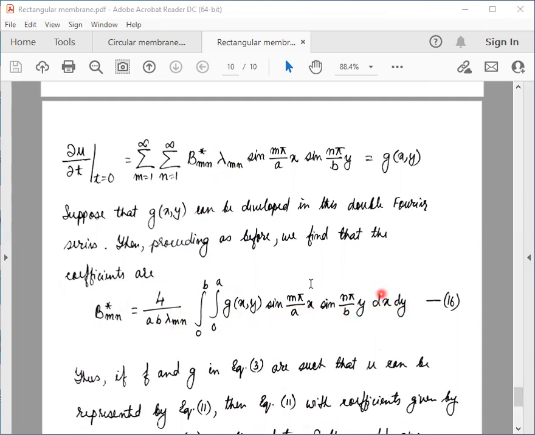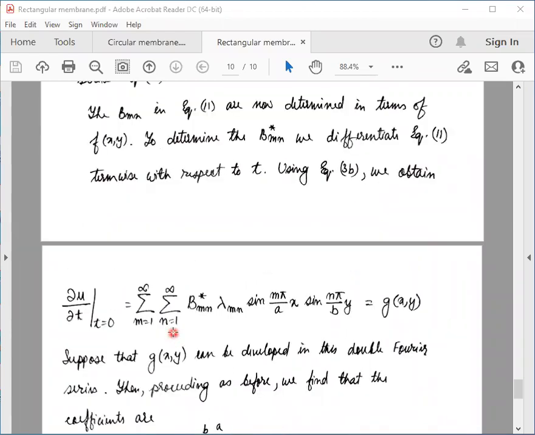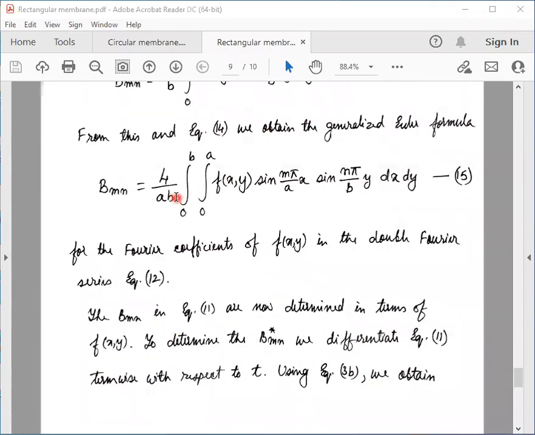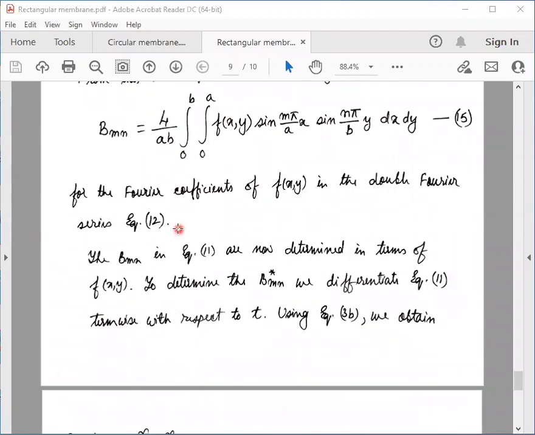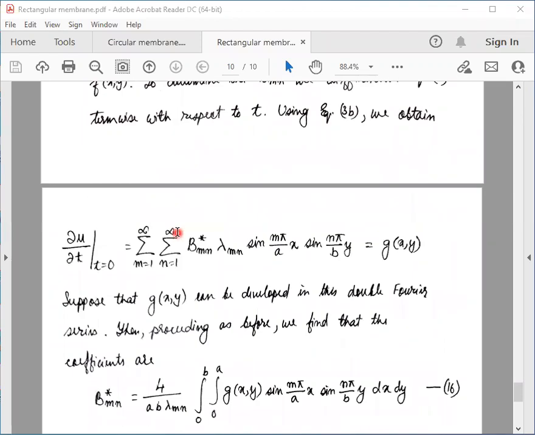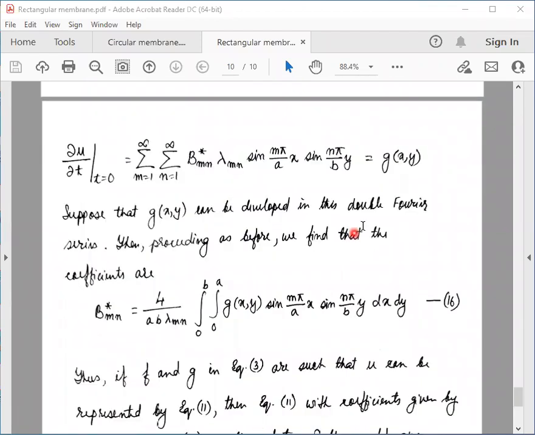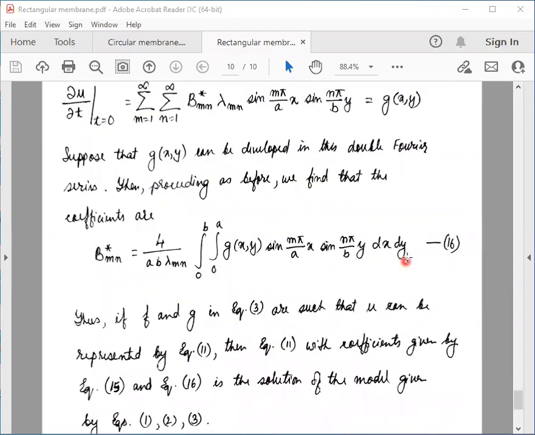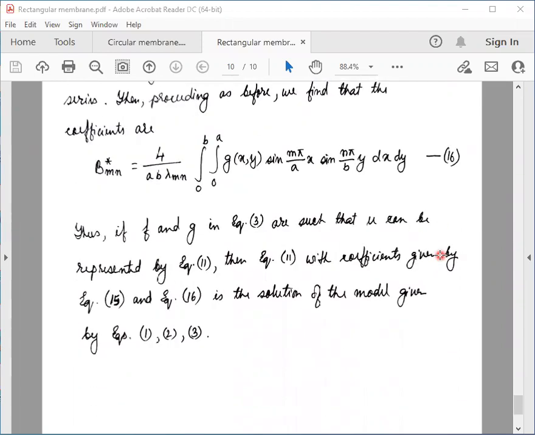So the expression is almost similar to that for b_mn, except that there is a lambda_mn term present here in b_mn star, and this term was absent in b_mn. This is given equation number 16.